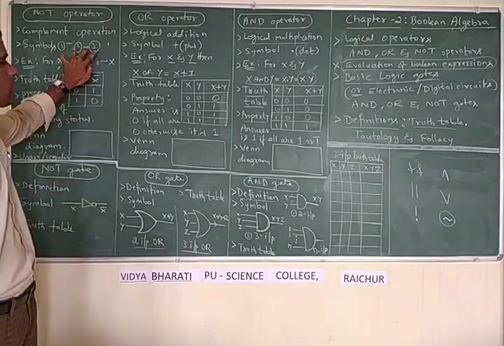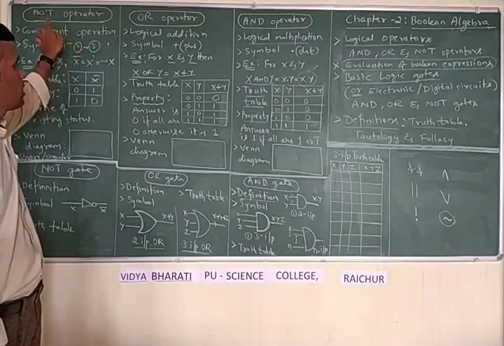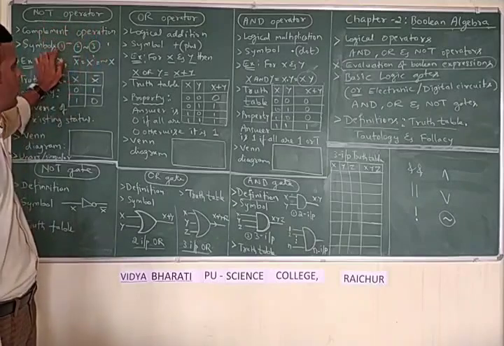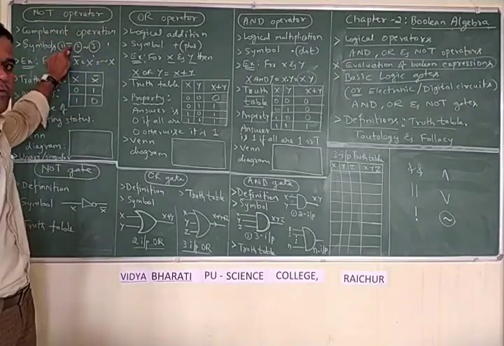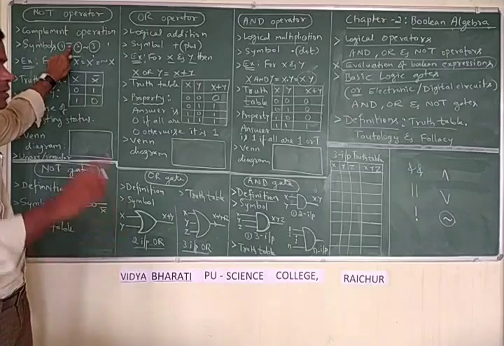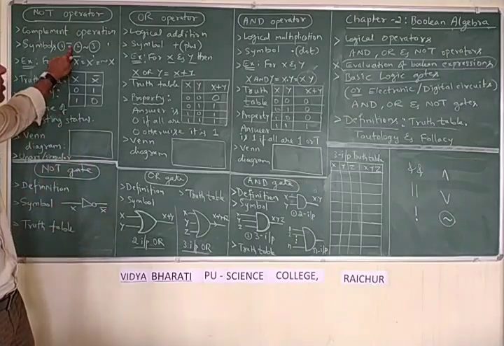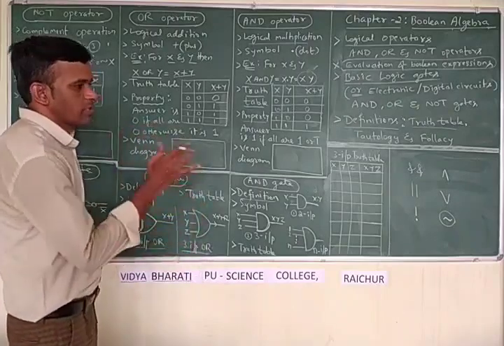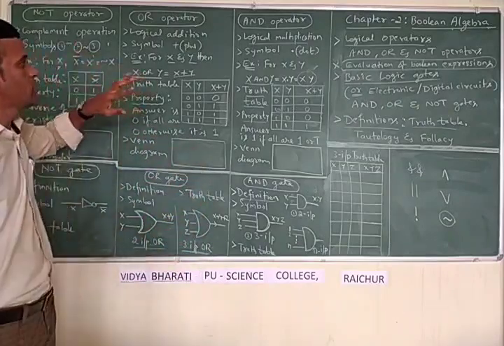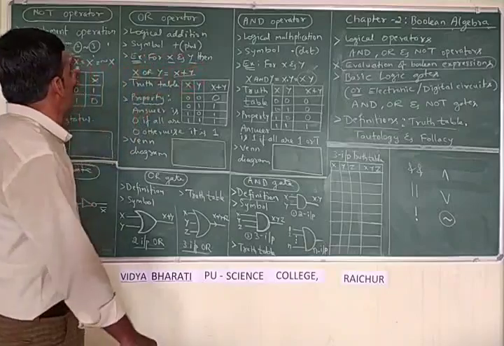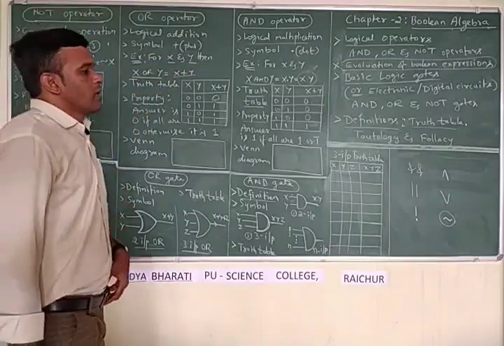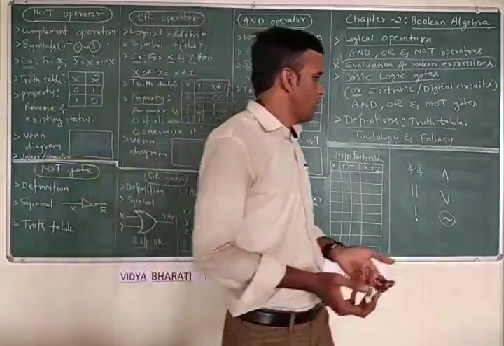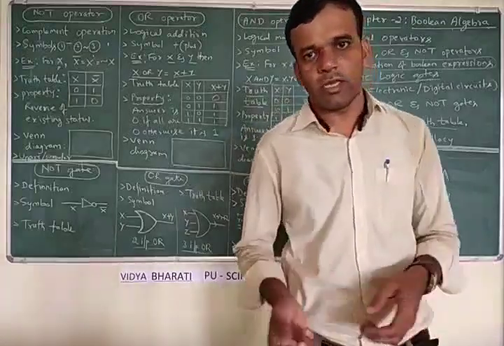So three symbols are there in this chapter for the NOT operator, and usually we prefer the first symbol, that is the bar symbol. So when we see the operators, symbols are changed in this Boolean algebra: plus, dot, and there are three symbols for NOT. Moreover, the properties of those operators are the same.